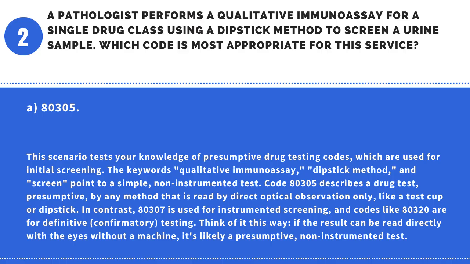In contrast, 80307 is used for instrumented screening, and codes like 80320 are for definitive, confirmatory testing. Think of it this way: if the result can be read directly with the eyes without a machine, it's likely a presumptive, non-instrumented test.